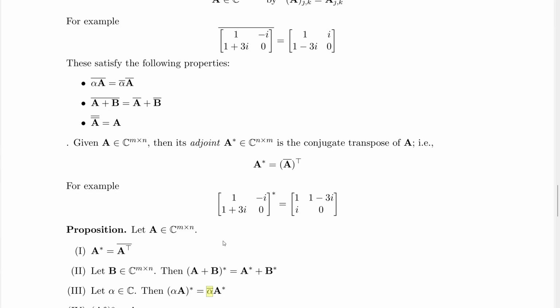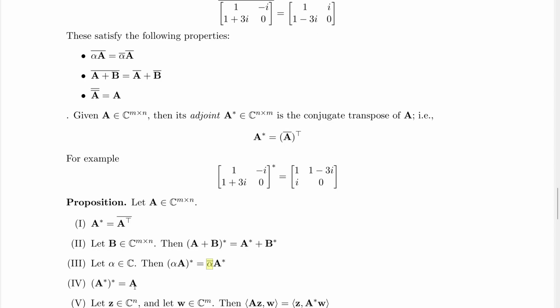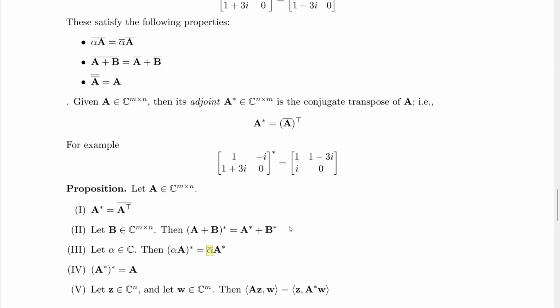So recall, we kind of saw that happen with inner products in the second component. Adjoining an adjoint gets you back to normal. And finally, this is the thing I was referencing: the adjoint has this absolutely insane property that if you look at the inner product of AZ and W, it's the same thing as the inner product of Z and the adjoint of A applied to W. Check that out.